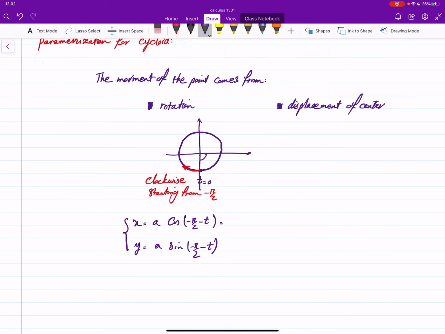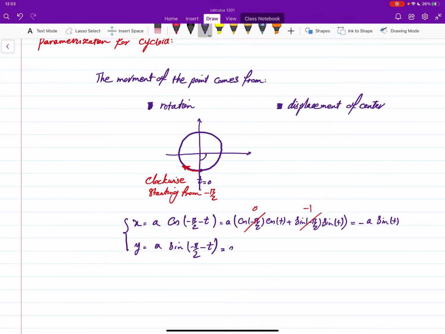But I can simplify this a little bit, using the formula for cosine. This will give us cosine of negative pi over 2 times cosine t plus sine of negative pi over 2 times sine t. This piece here is 0, this piece here is negative 1, so that turns out to be negative a sine t.